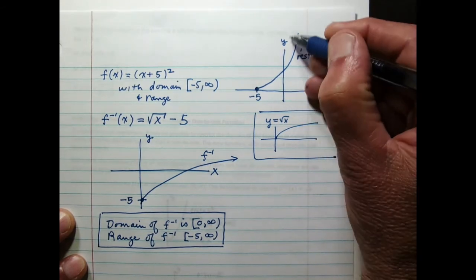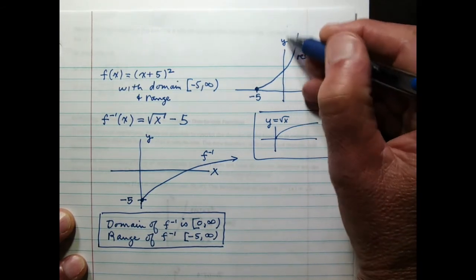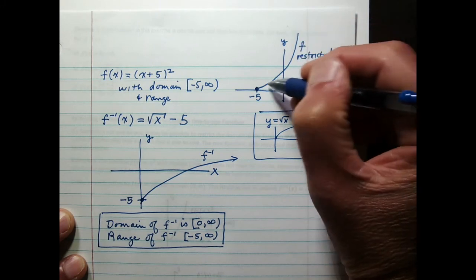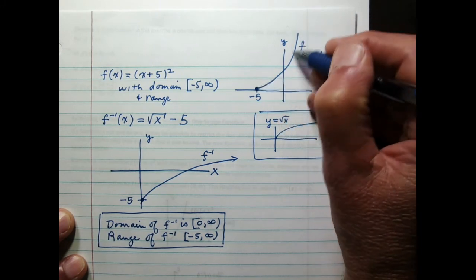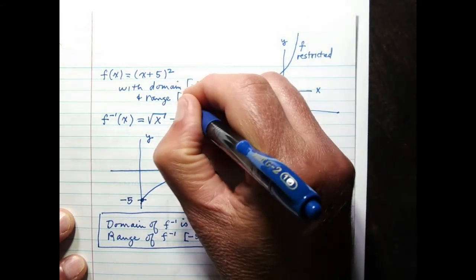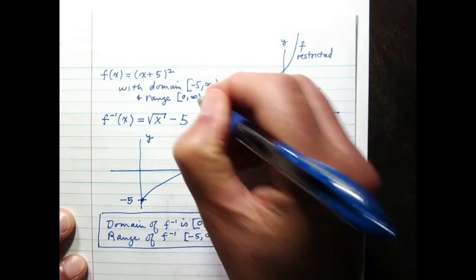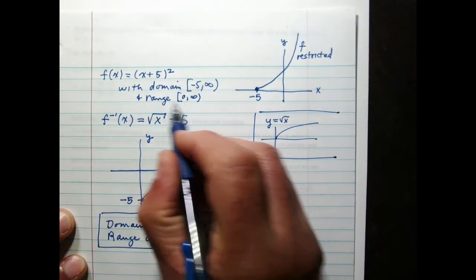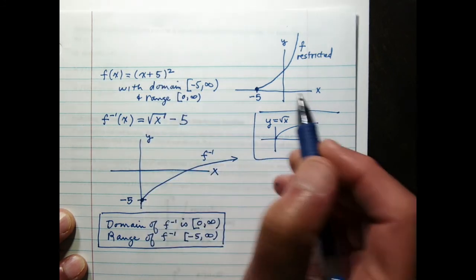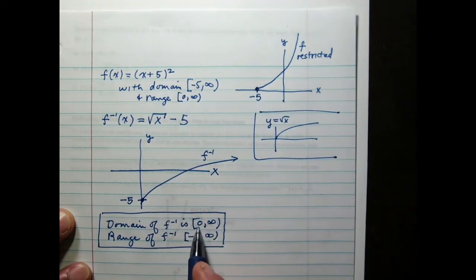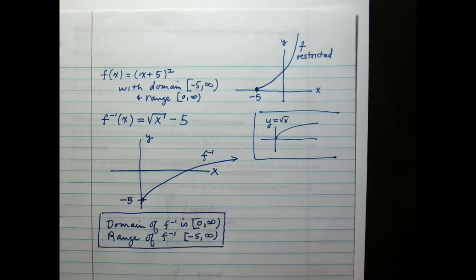Now that's y values used by points on this graph, right? So the range of this, even the restricted function, is y values from 0 to infinity. And just notice the range of the restricted f becomes the domain of the inverse. See how the domain and range trade places there? That's kind of interesting. Okay, enough of that. We went on long enough with that one.